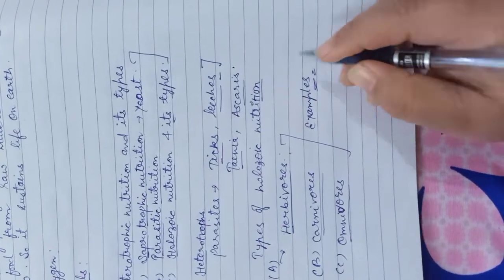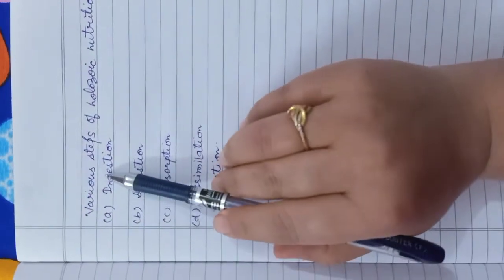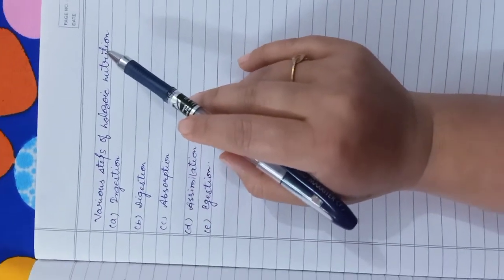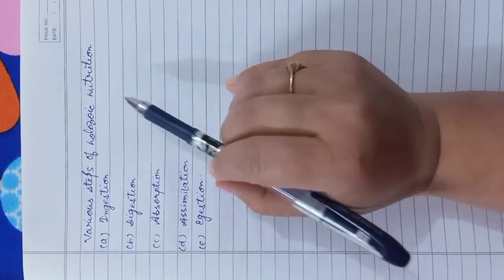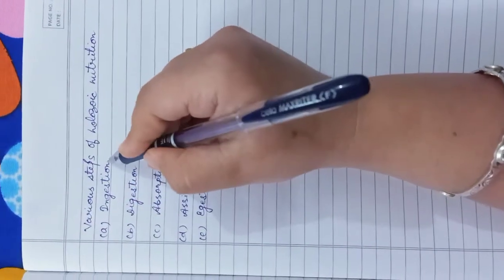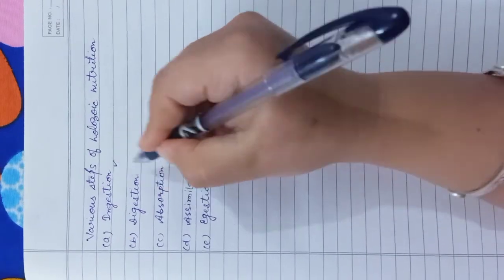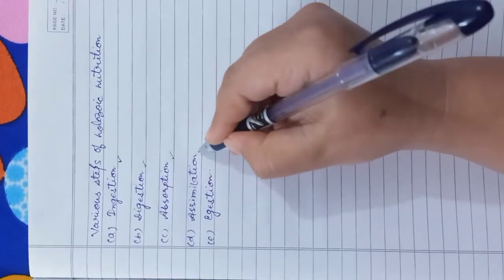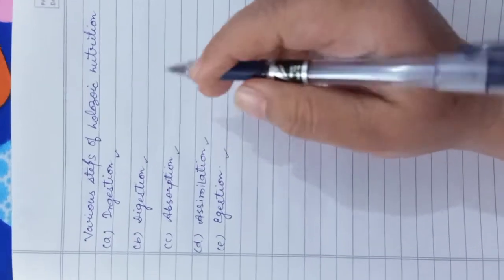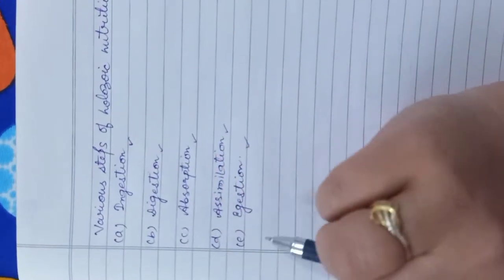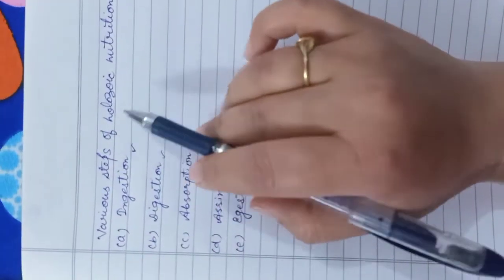The next topic that we are going to discuss is the various steps of holozoic nutrition. They are ingestion, digestion, absorption, assimilation and egestion. So mainly five steps are there for the completion of holozoic nutrition.